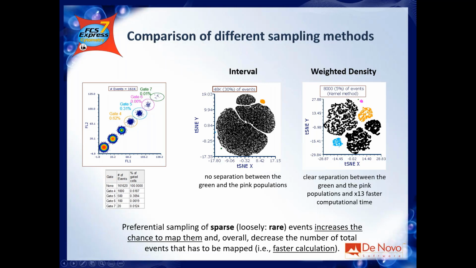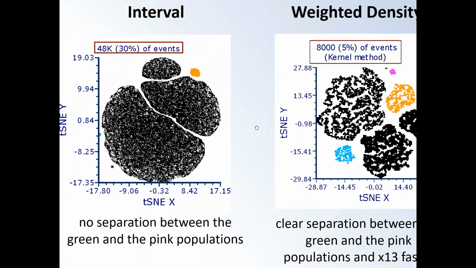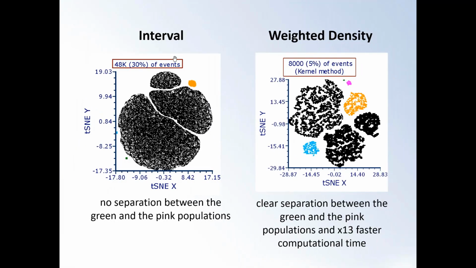Now, if you look at these, on the left, you have the tSNE on the interval downsampled data. So I increased the sampling up to 48,000 out of 160,000. It means 30% of the events, and tSNE is not able to discriminate the pink and the green.